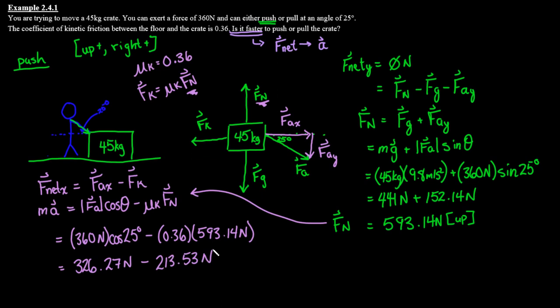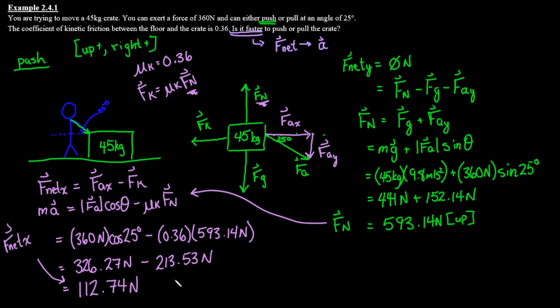Okay. So when I go and subtract these again from each other, I get the F net in the x direction is equal to 112.74 newtons. Okay, so this is what our F net in that x direction is.